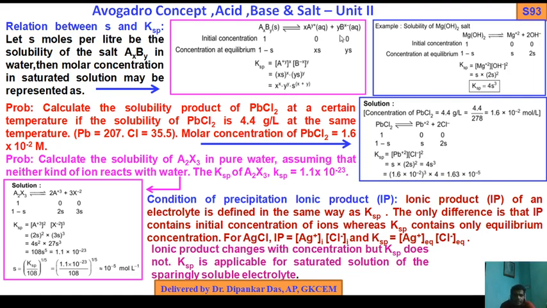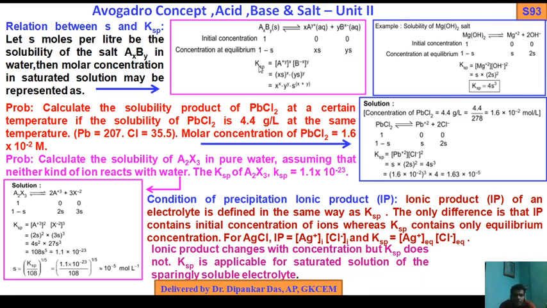Before dissociation the initial concentration is 1 and the product side is 0, 0. At equilibrium the concentration is 1 minus S, and since x is a coefficient the concentration will be xS, and for y the concentration is yS.